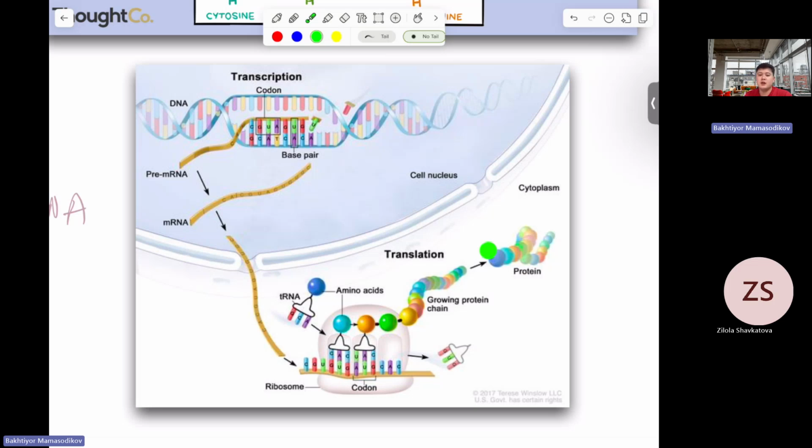Also, in our muscles, we have the actin. In the DNA, we have the actin gene, and this actin gene is going to make us actin protein. And from this actin protein builds muscles and gives the cell its shape. Okay, the amylase gene. This amylase gene is going to make us amylase protein. This is an enzyme, and it's going to digest the starches. Okay, this is how protein synthesis is important.